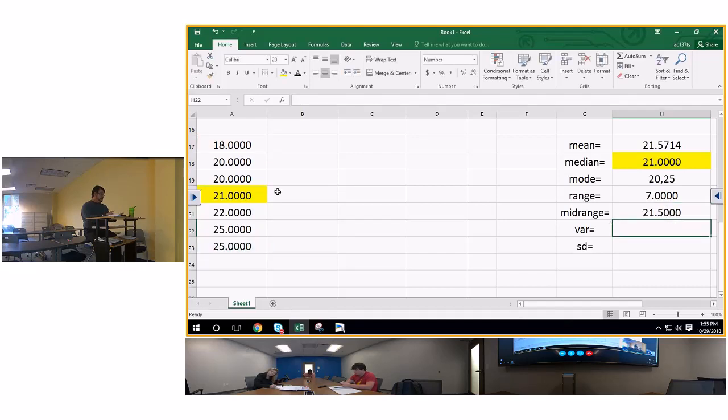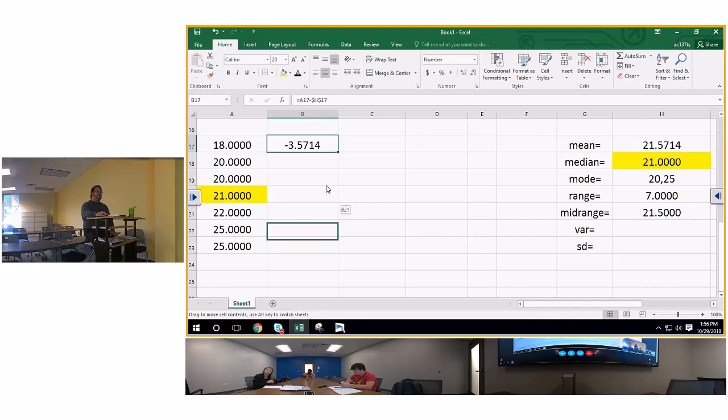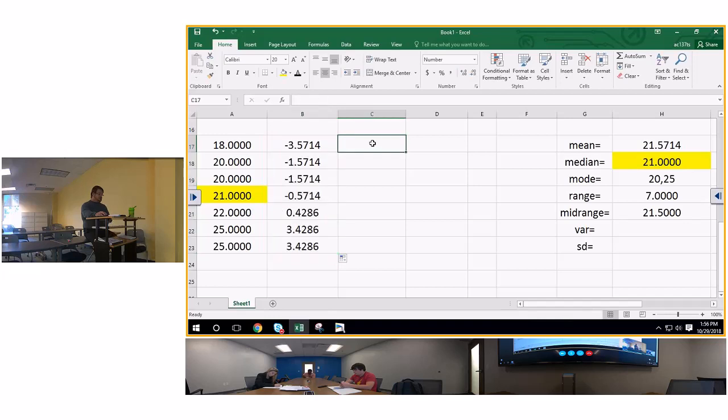Variance, well, we have to have x minus x bar right here. So that equals this minus your mean. And check the first, the middle, and the last if you haven't done the whole column, to make sure you have a good understanding of it. And then I'm going to square each one of those.